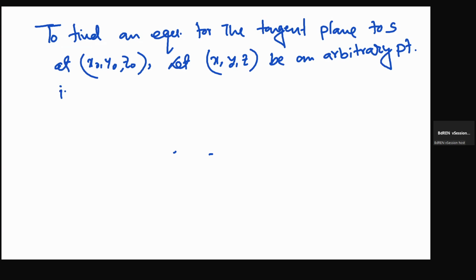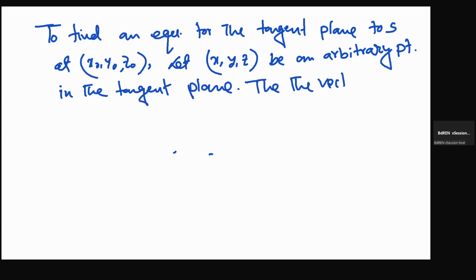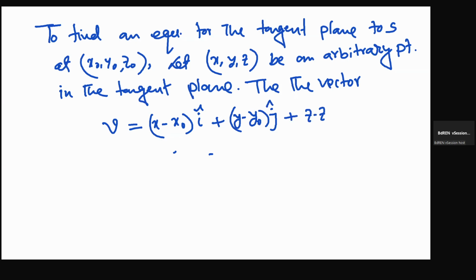In the tangent plane, then the vector v will be (x minus x naught) i plus (y minus y naught) j plus (z minus z naught) k lies in the tangent plane.